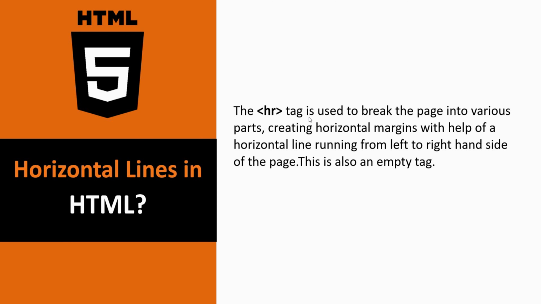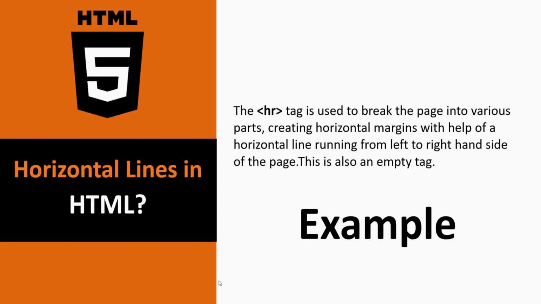Okay, now we will see the horizontal lines in HTML. The HR tag is used to break the page into various parts, creating horizontal margins with the help of a horizontal line running from left to right hand side of the page. This is also an empty tag. This does not need to be closed. This does not contain closing tags.